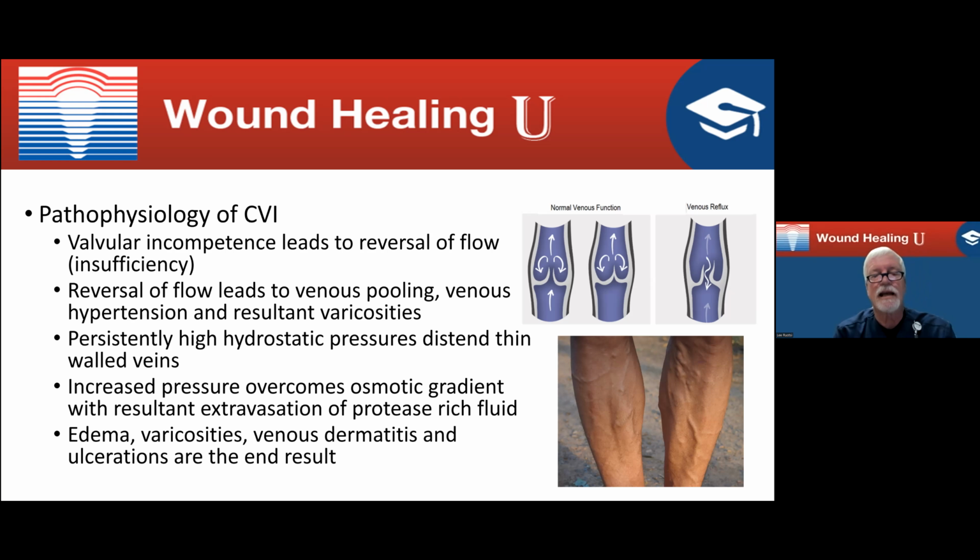That persistently high hydrostatic pressure caused by the venous hypertension then distends the thin-walled veins. That increased pressure overcomes the osmotic gradient, and then that inflammatory protease-rich fluid extravasates out into the soft tissues, and we see edema, varicosities, venous dermatitis, and ulcerations as the end result.